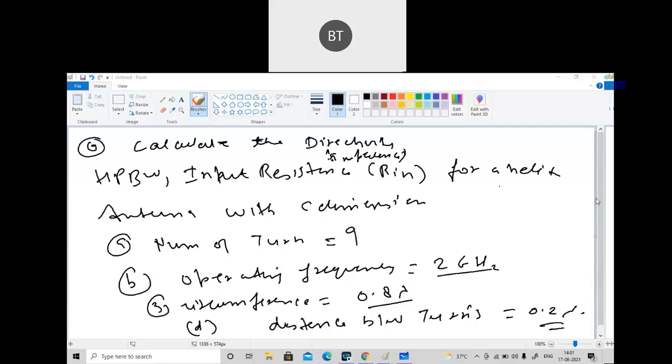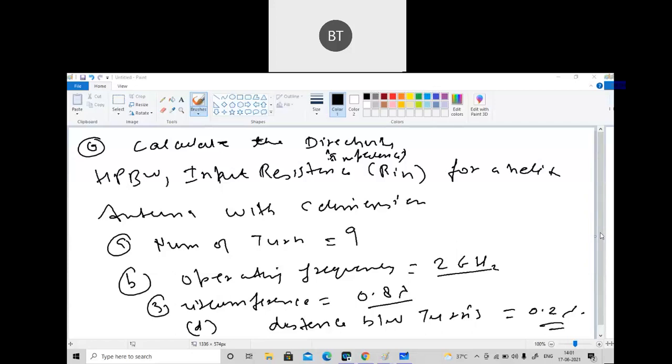So has anybody solved it? Aditi, Avantika, have you solved it? 12.37 dB.